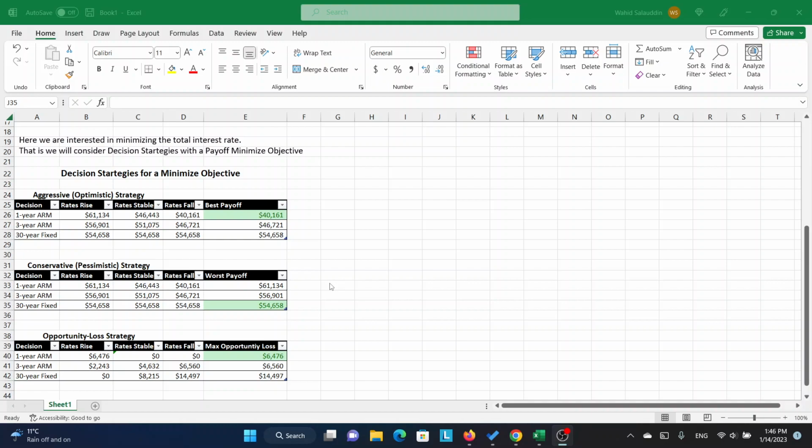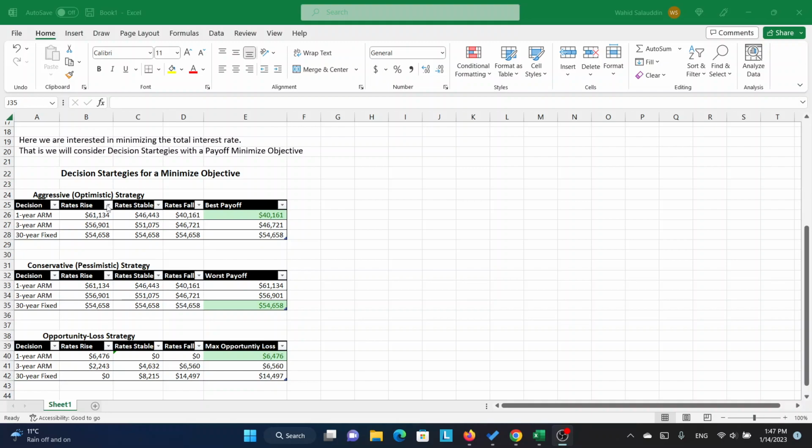So the first one is the aggressive optimistic strategy. In this strategy, we choose the best outcome for each decision, and then we choose the minimum of those outcomes. For the one-year adjusted rate mortgage, the best outcome is going to be $40,161. Remember, we want to minimize the total interest paid.